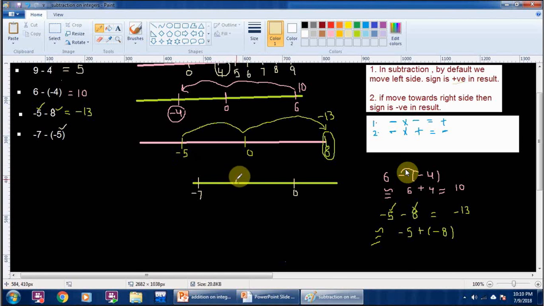It means I have to move from -7 to -5. I have to walk 2 steps toward the right side. So my answer would be -2.